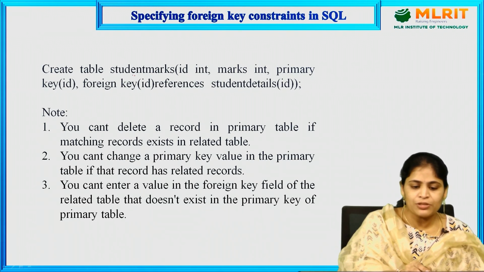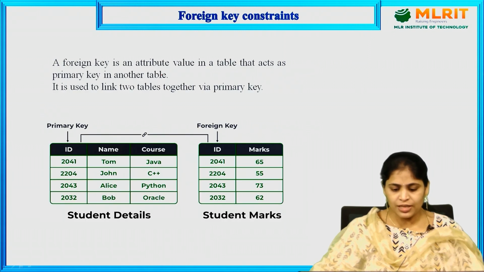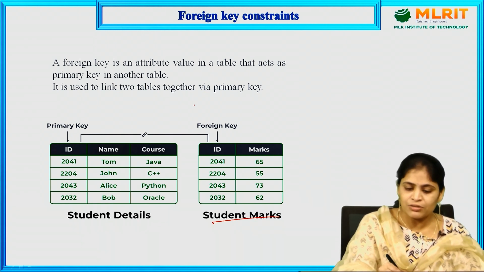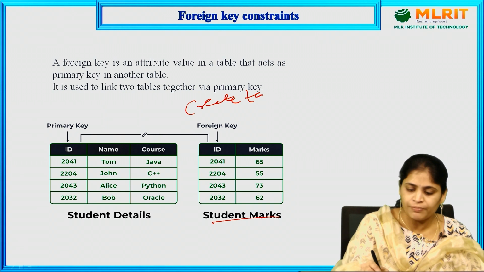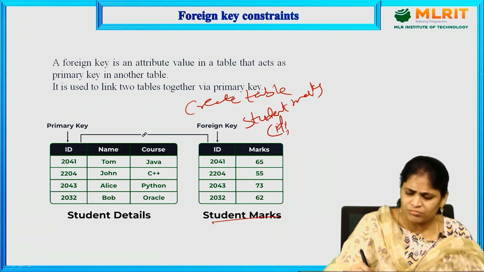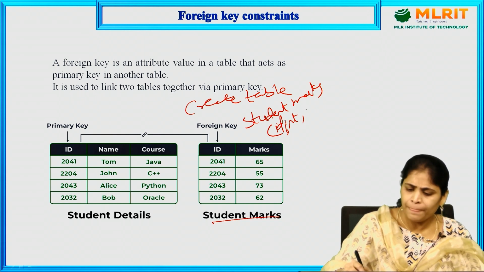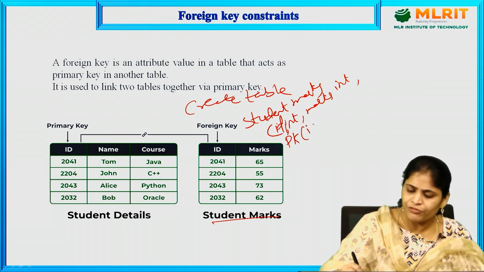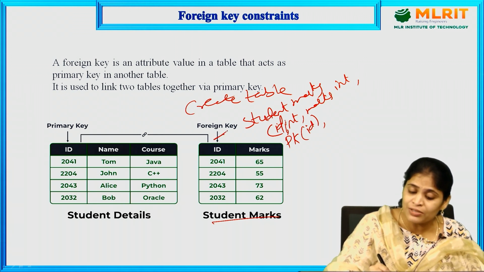So, create table student marks. This is the table you are creating. Create table student marks, which contains ID, which acts as a primary key, comma, marks, which is also an integer, comma, primary key of ID, comma, and here ID also acts as a foreign key.